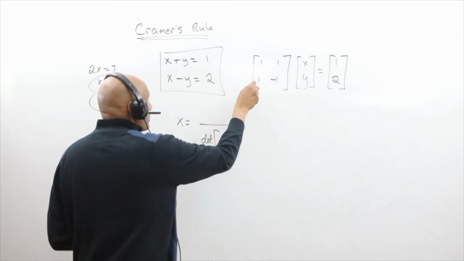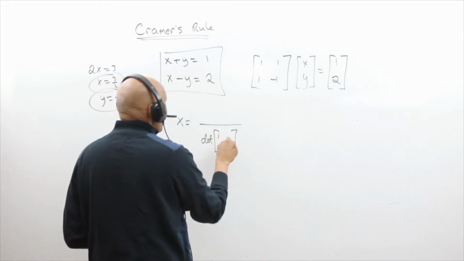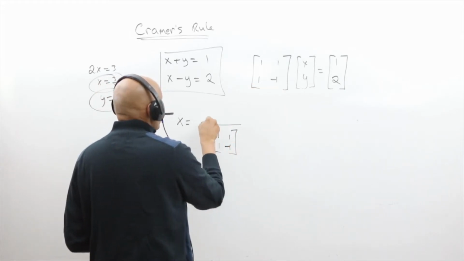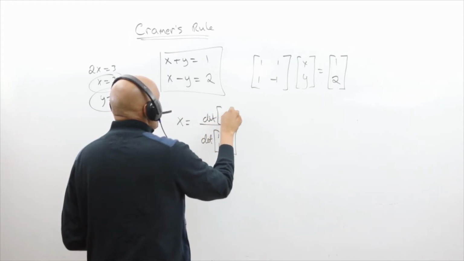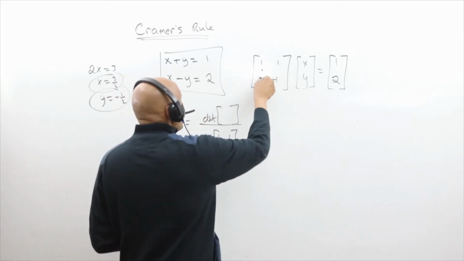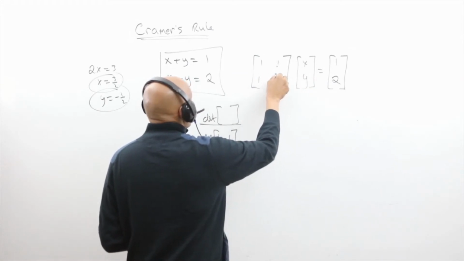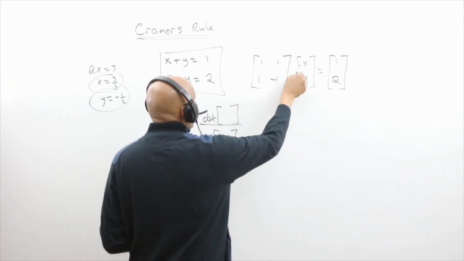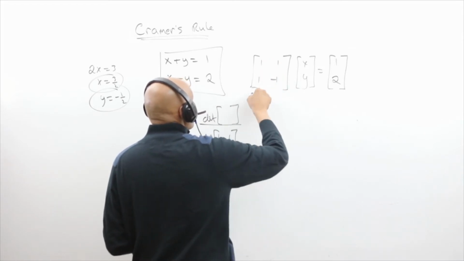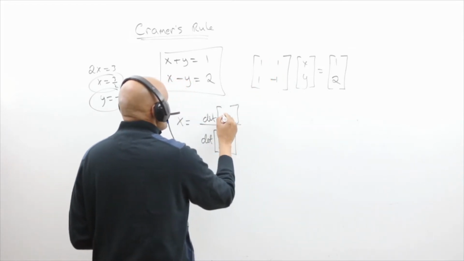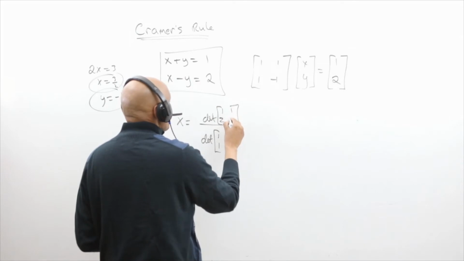which in this case is the original matrix, the denominator, 1, 1, 1, minus 1. And the top is, so this column is associated with x. If you look at it, 1x plus 1y equals 1, and this is 1x minus y. So this column is associated with x. So we're going to replace that with 1 and 2 and keep the original matrix the way it is.